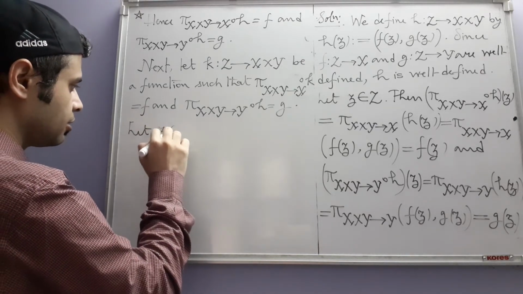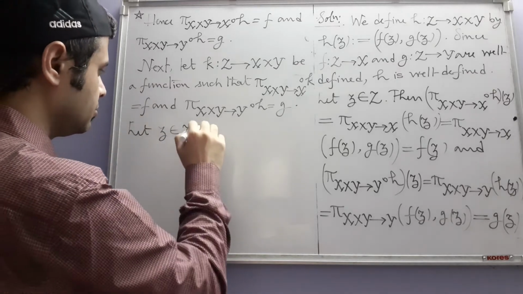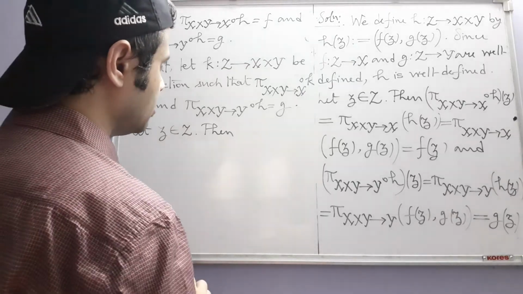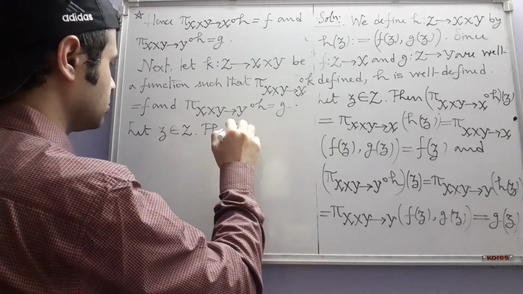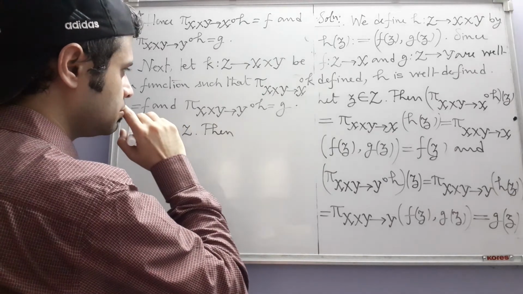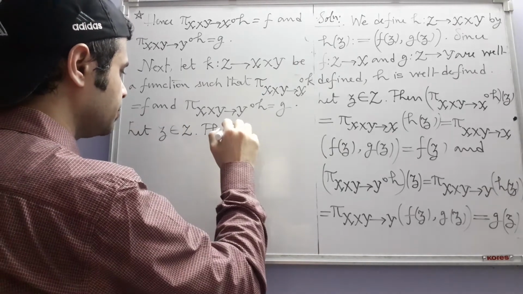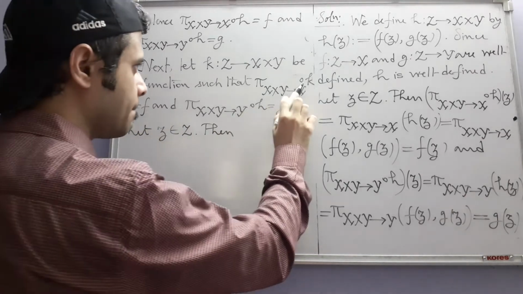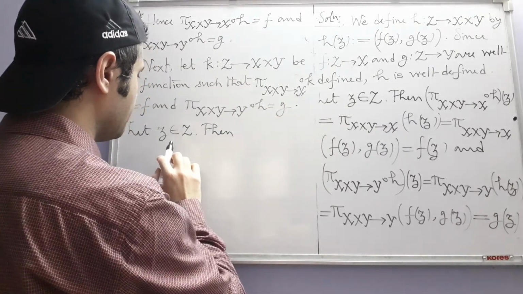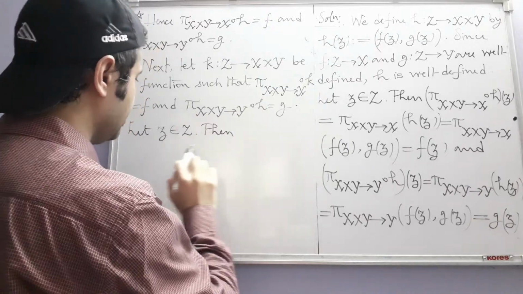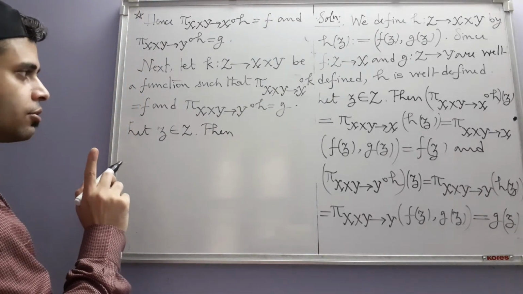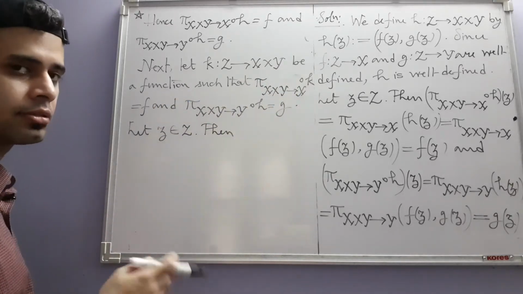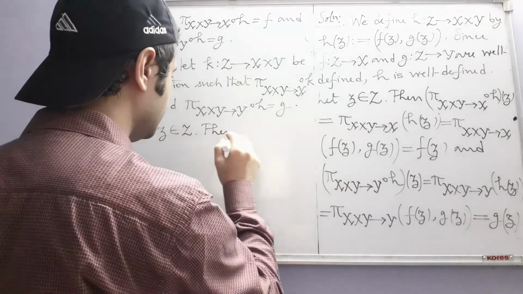So we take any element z of Z. All we can do is apply the function K on z. That however we cannot do directly. We have to take the help of these equations, because these are the only things we know about K.